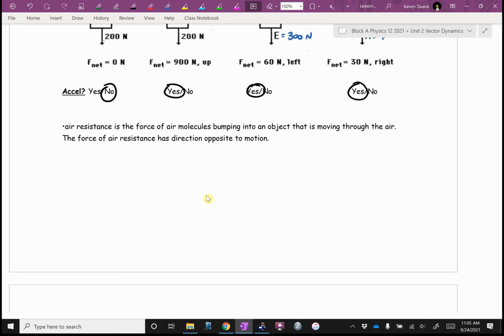Air resistance depends on your cross-sectional area. It depends on how fast you're moving. It also depends, believe it or not, on the density of the air. So at different altitudes, as you get higher, air resistance gets smaller. We don't have the tools to deal with that yet, but we can look at it in snapshots at certain times. The key idea is that air resistance has direction opposite to motion.